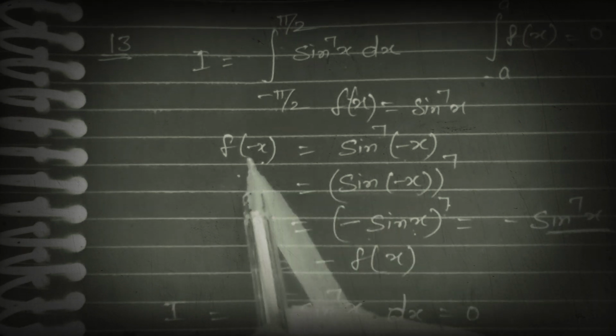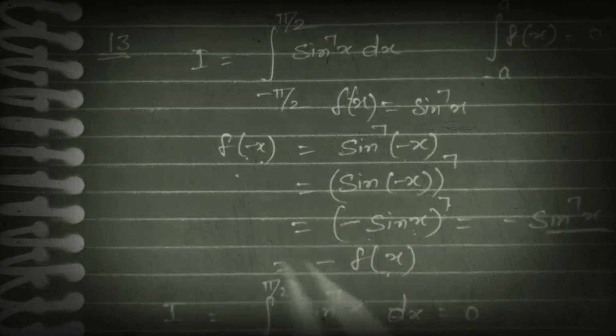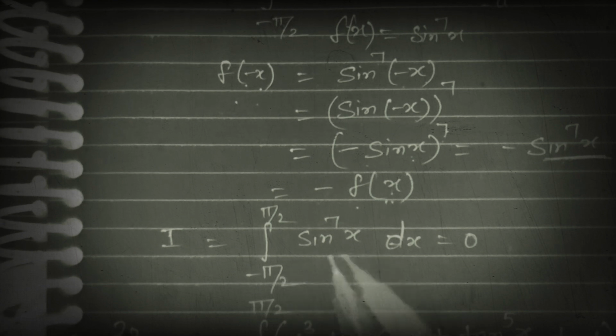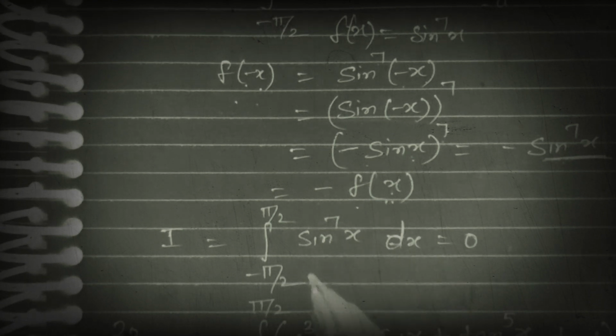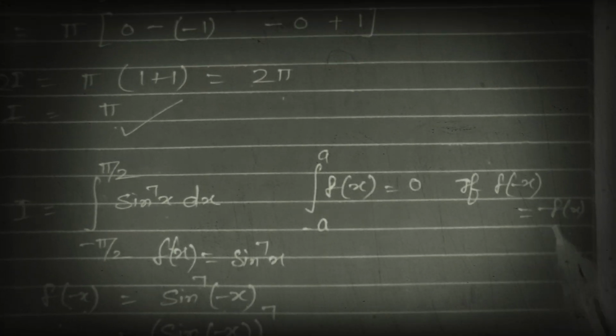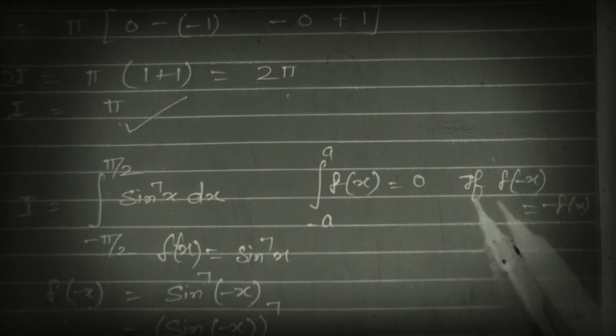So if f of minus x is equal to minus f of x, then it is odd function. अगर f of minus x, minus f x के इक्वल आ जाता है तो इसको क्या बोलते हैं? Odd function. If it is odd, then the integration of sin raised to power 7 x with limit minus pi by 2 to pi by 2 is 0, because we know that if it is odd function, then integration of this is equal to 0 according to last property.